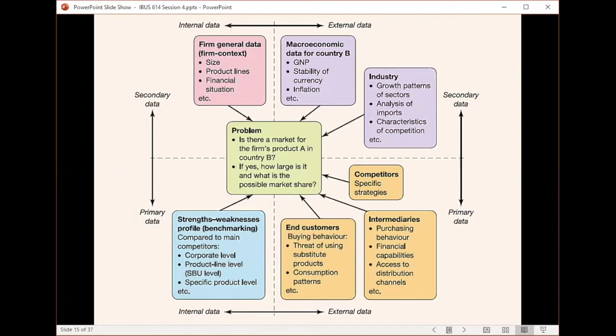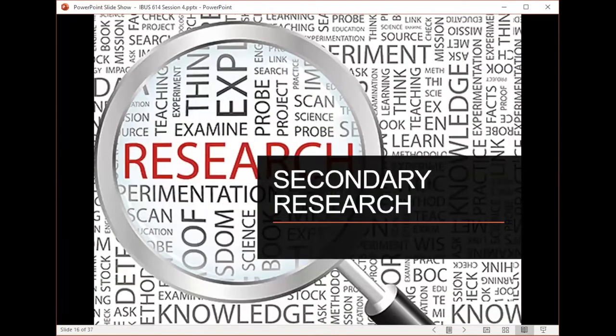You have to consciously set up the processes and the structures to ensure that all this information is available to you in a timely manner, for you to take appropriate decisions that will positively influence your global marketing strategy. So that is it for linking research to decision making.